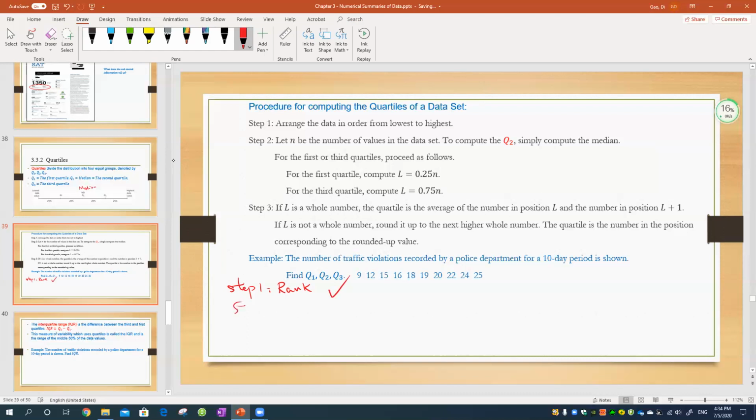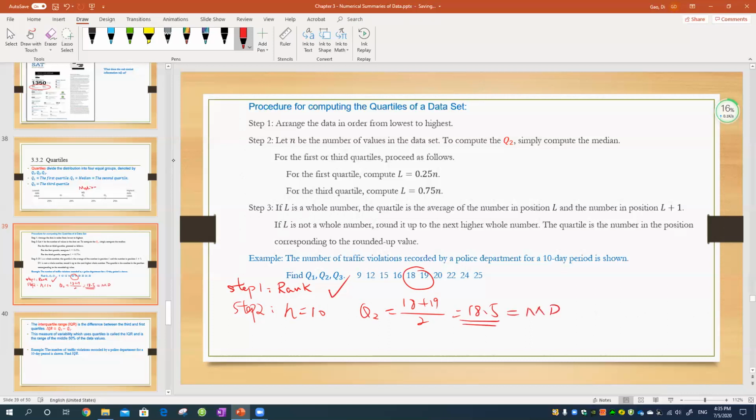In step two, let's look at n. n equals 2, 4, 6, 8, 10. So we have 10 values, and Q2 is going to be the middle two values. So 18 plus 19 divided by 2, that's 18.5. That's our Q2. It's actually the median.